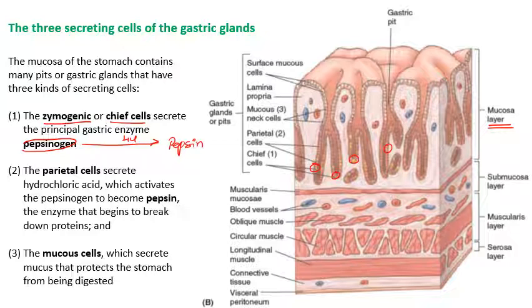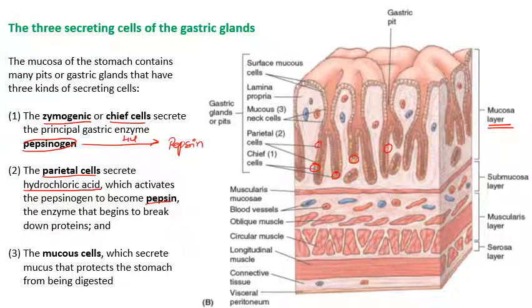Next comes the parietal cell. This parietal cell will produce hydrochloric acid. This acid will convert pepsinogen into pepsin, and it also helps in the destruction of microbes present in the food. You can see the parietal cells in brown color.